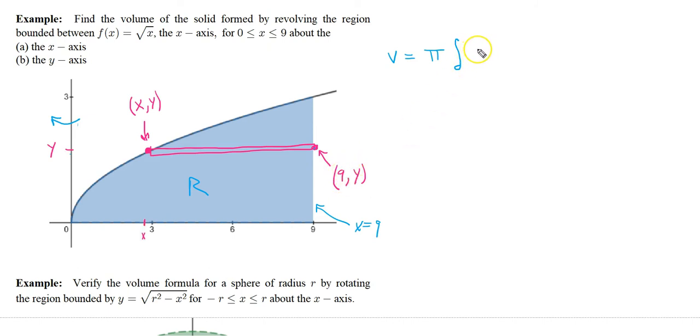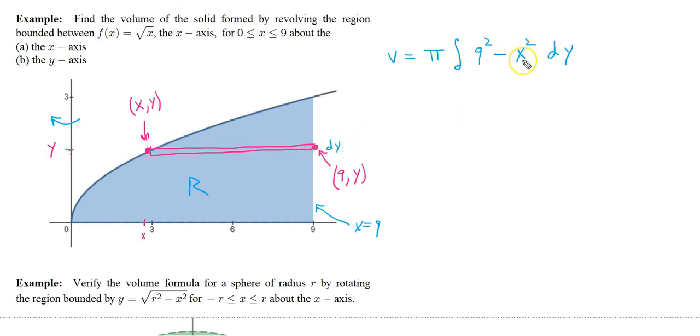So the outer radius is 9 squared minus, now the inner radius is the distance from here to here, and so that's just x, right, for this general point, minus x squared dy. Dy is the little thickness of this rectangle right here that's measured along the y-axis.